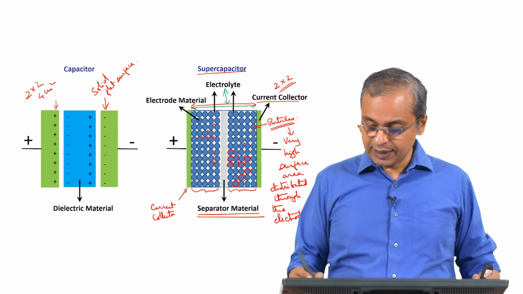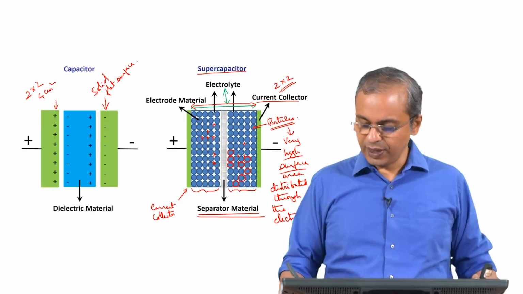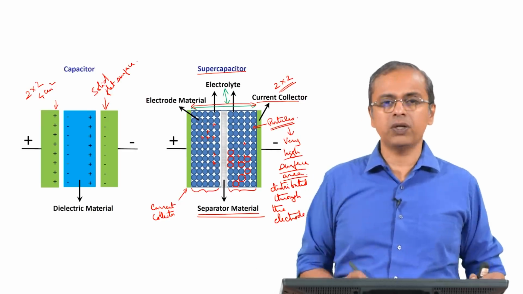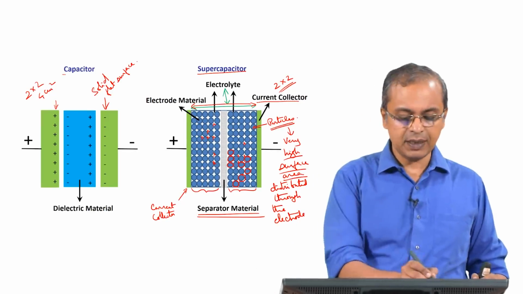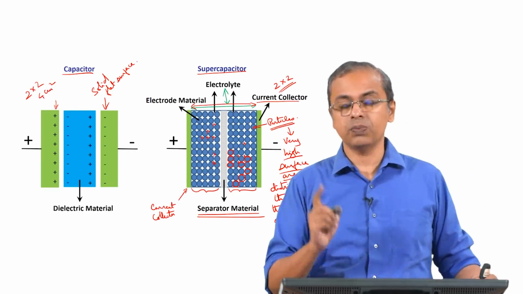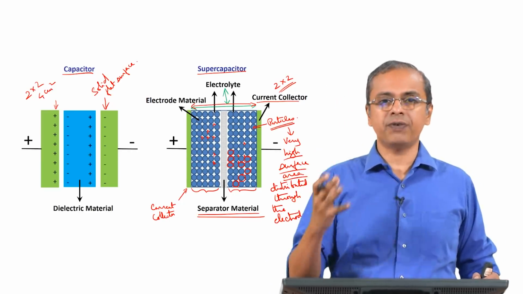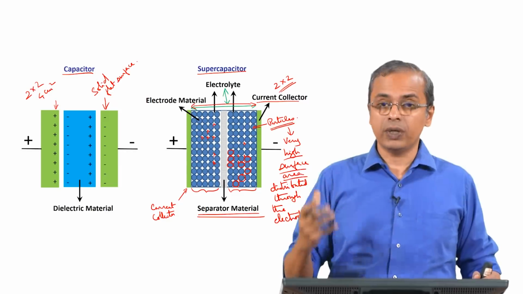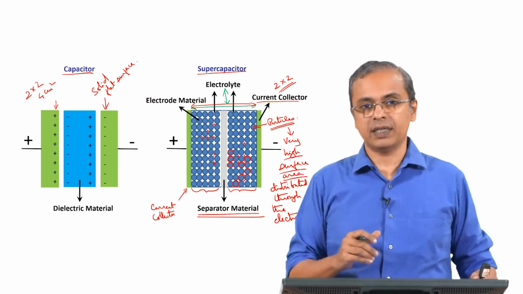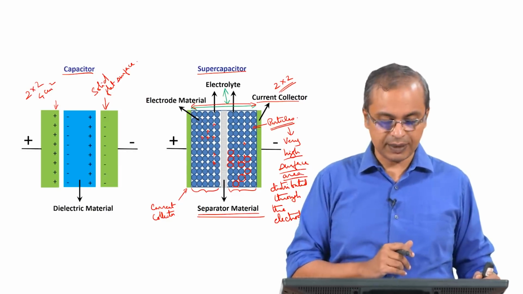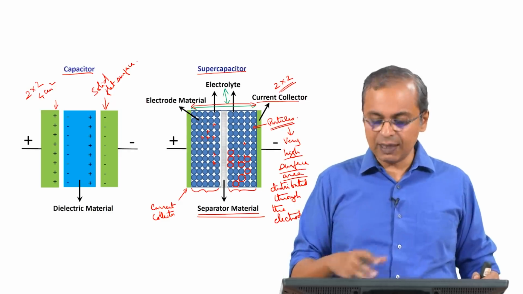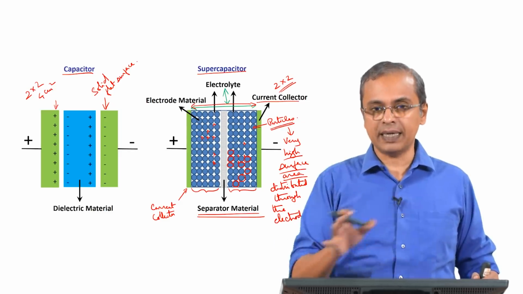So, this has an extremely high surface area relative to a regular capacitor. The supercapacitor has a dramatically different amount of surface area. You are looking at several orders of magnitude higher surface area relative to the regular capacitor, and we are utilizing that surface area by enabling this electrolyte to penetrate throughout it.